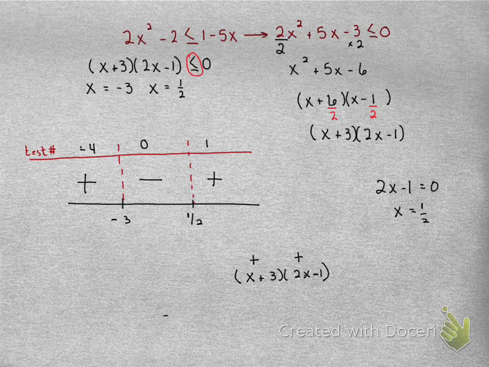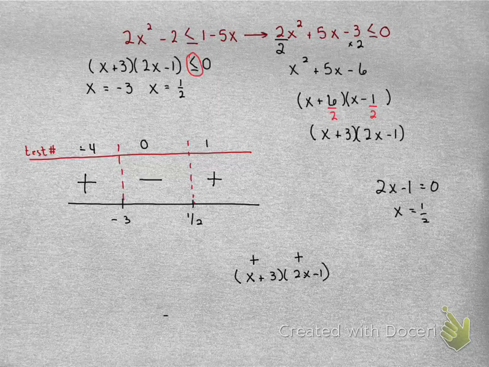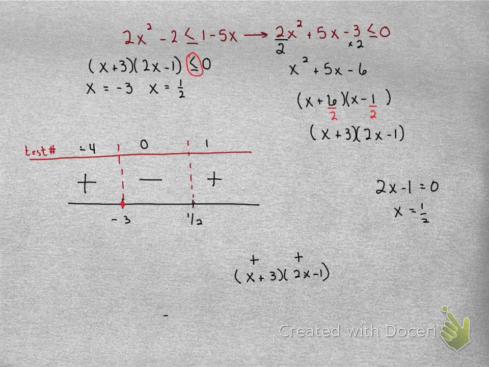So I'm choosing the interval in the table that has a negative. So when I graph that, I have negative 3 filled in because it's less than or equal to, 1/2 filled in, and then in between is where my solutions would lie.